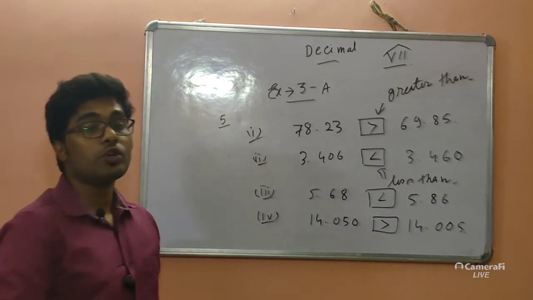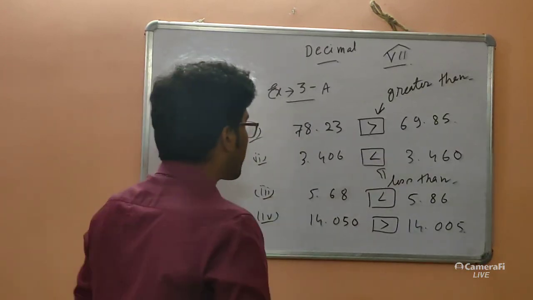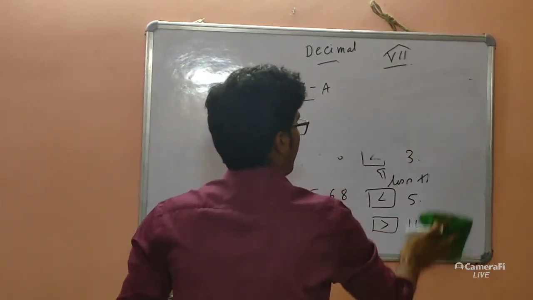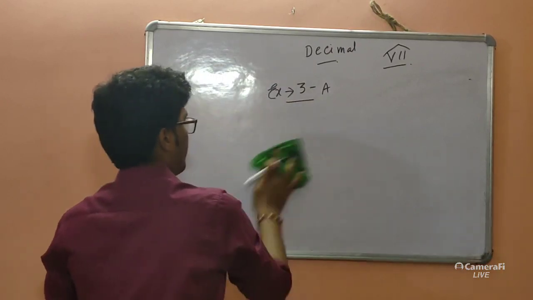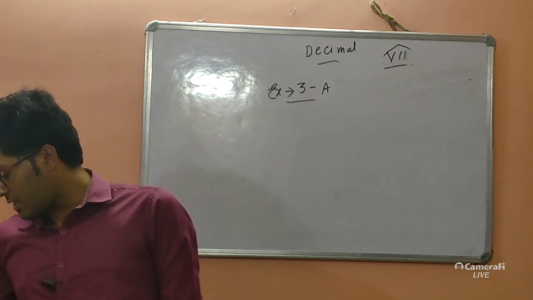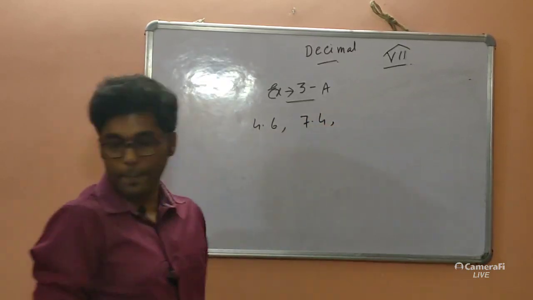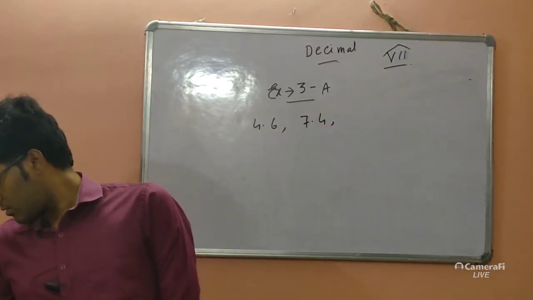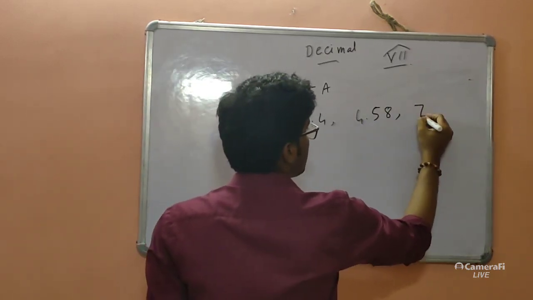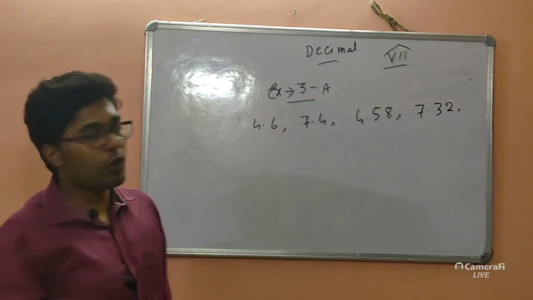Arrange in ascending order. So now we are going to arrange into ascending order. Let us see that. The first question is 4.6, 7.4, 4.58, 7.32, and then we have 4.06.